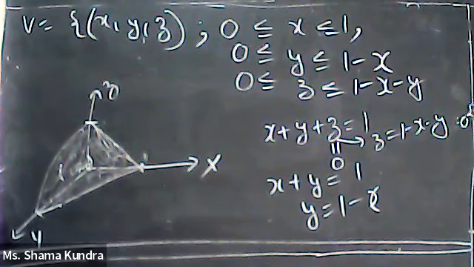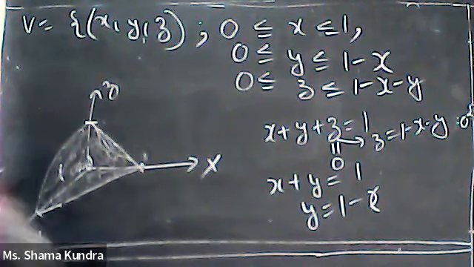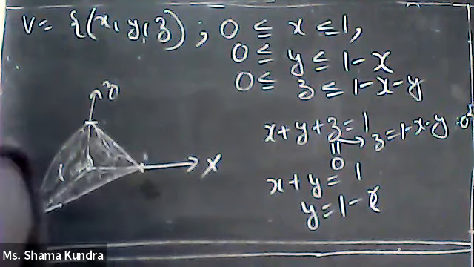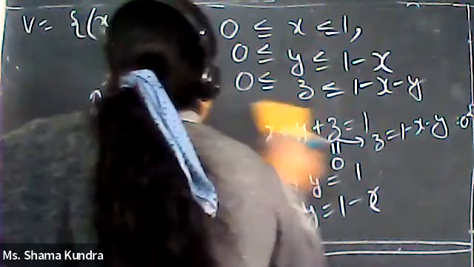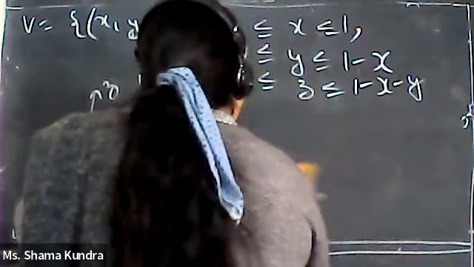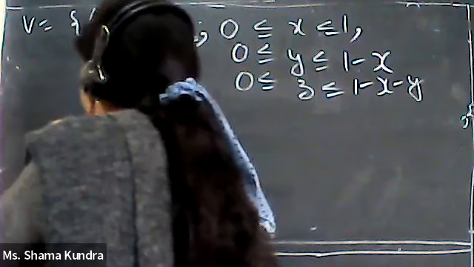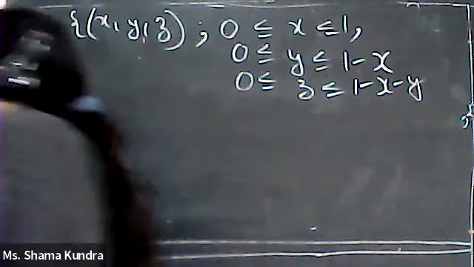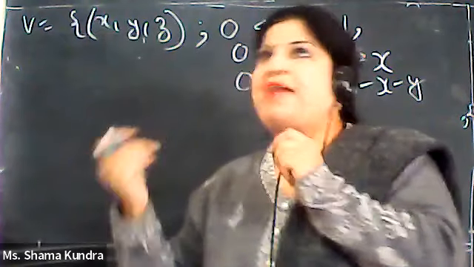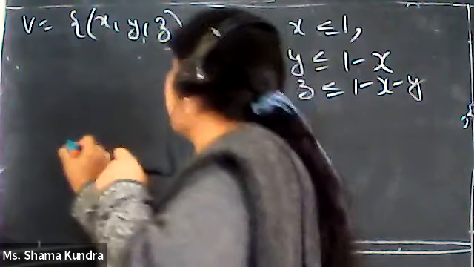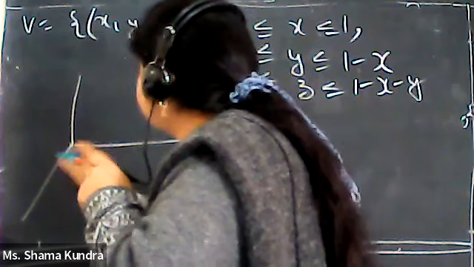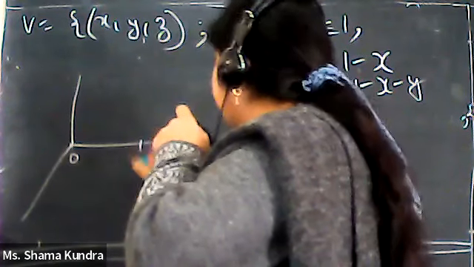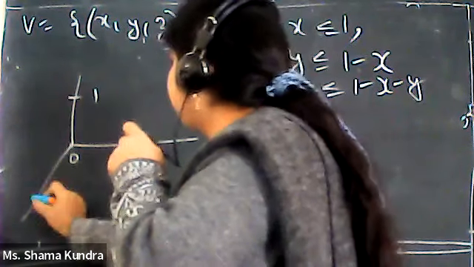In this way, we have covered the limits, and the diagram will be this. If you want to take all the limits, y in terms of x or z in terms of x and y, then in that case, here is one, here is one.